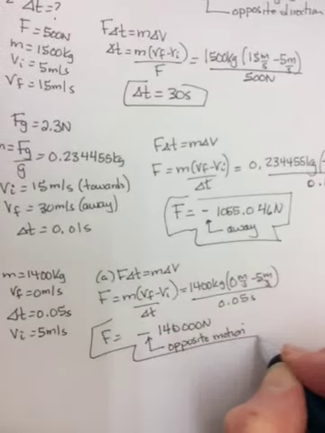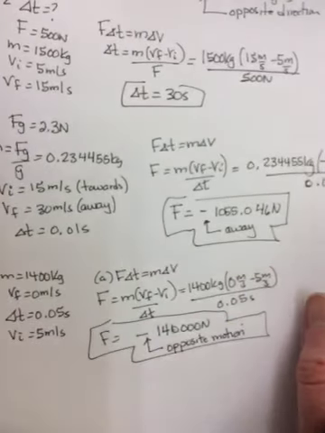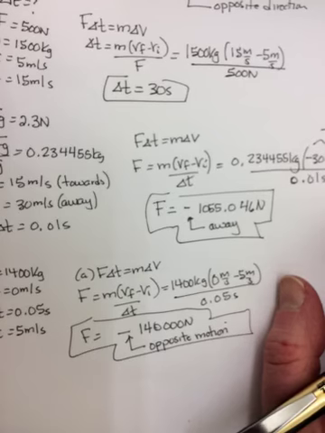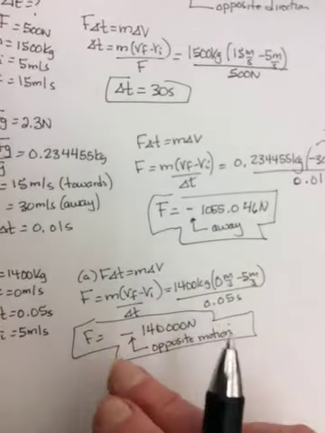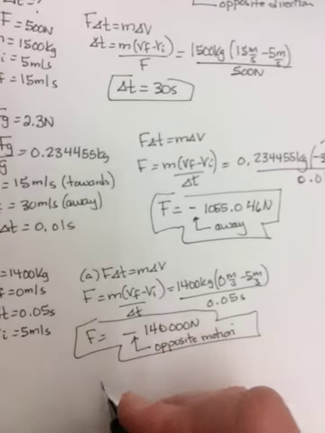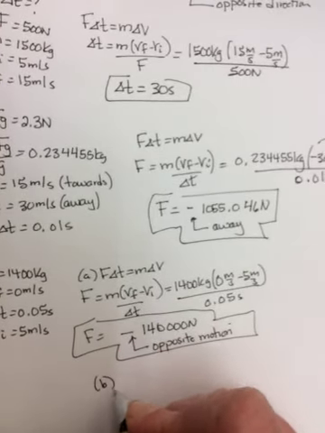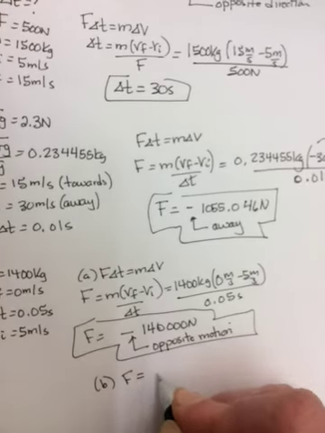Okay? That's part A. Part B says, what is the force that the car exerts on the wall? Well, by Newton's third law, we know that if the wall puts a force on the car, the car must put an equal and opposite force back.